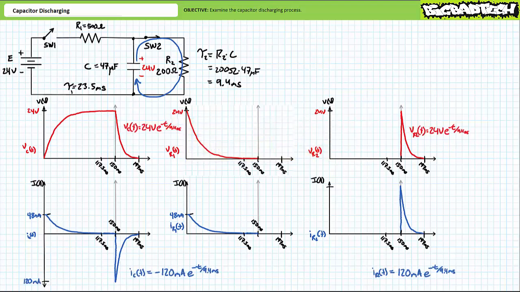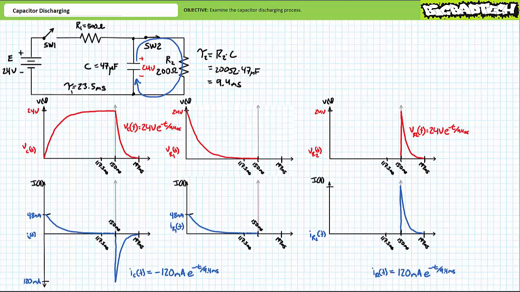The discharge phase begins at the voltage across the capacitor from the value obtained during the previous charge and steady state period, in this case 24 volts, and then it drops to 0 volts over 5 time constants or 47 milliseconds. Vc of t during the discharge phase can be modeled as 24 volts times e to the negative t over 9.4 milliseconds.